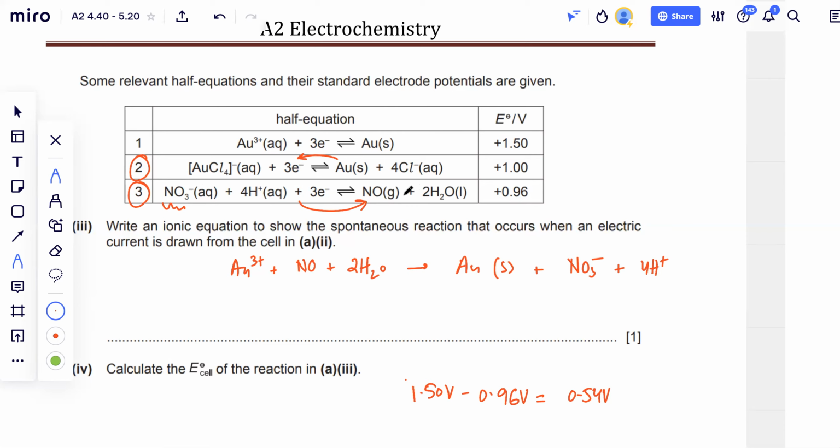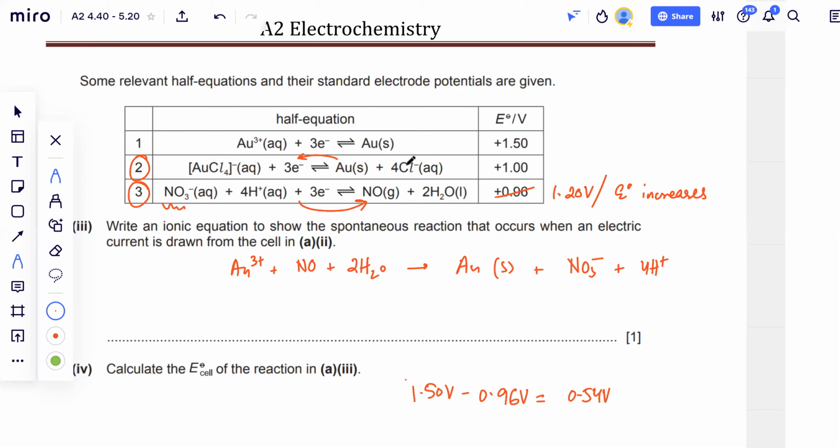Yeah, okay. And when it shifts forward, the potential increases. So let's say the potential increases to 1.20 volts, right? Because we did this, that these equilibria can move forward or backward. When they move forward, the potential increases. This is just a hypothetical value, just to show you that the potential increases. On the other hand, the hydrochloric acid is also very concentrated, so Cl minus 1 is very concentrated.